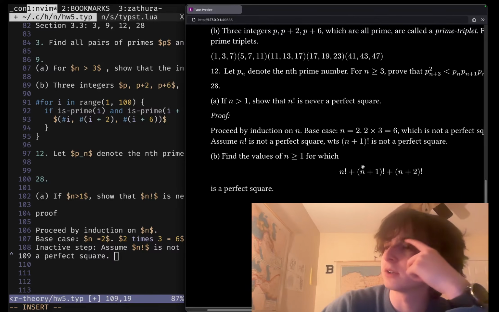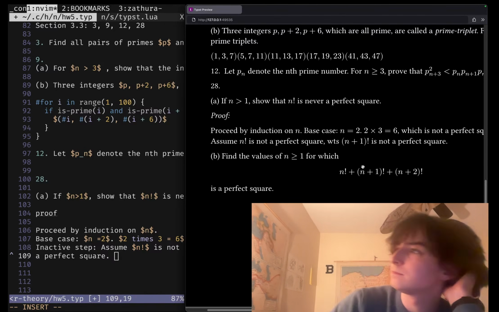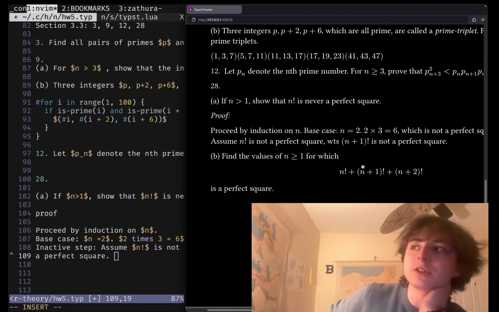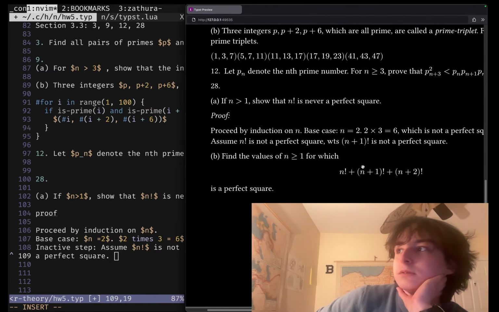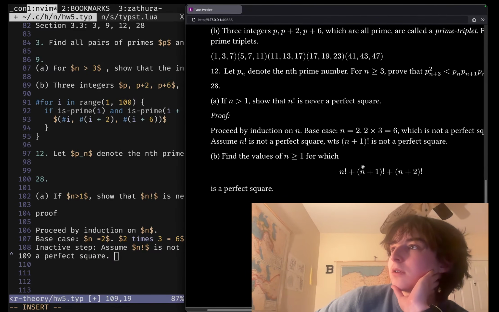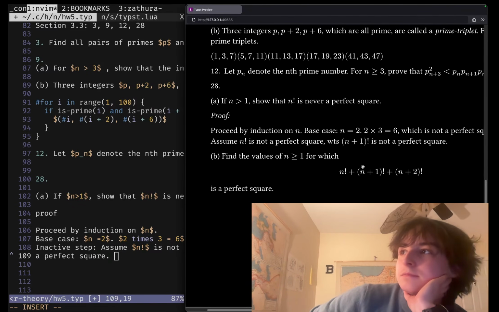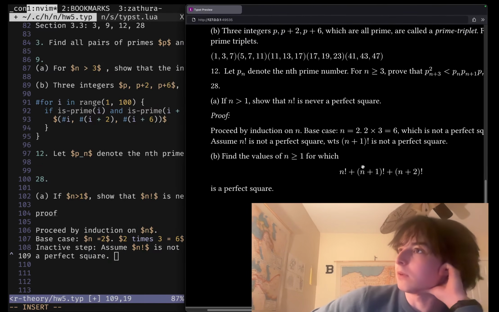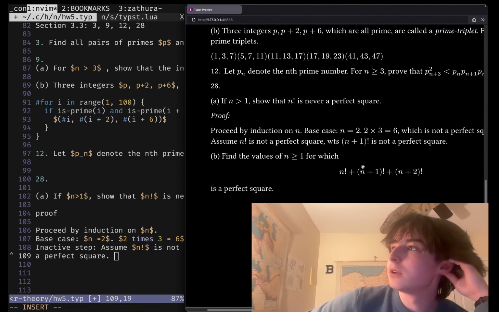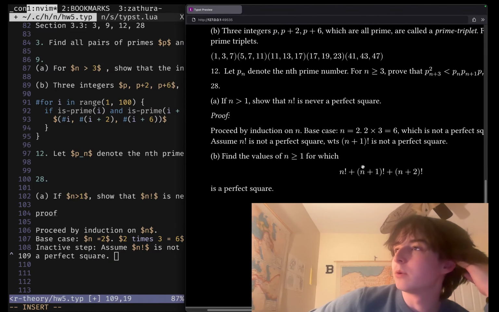What if it's contradicted on each thing? If we assume towards a contradiction that n factorial is a perfect square, then we want to show, well, okay.